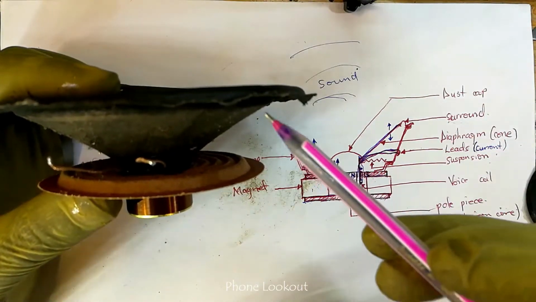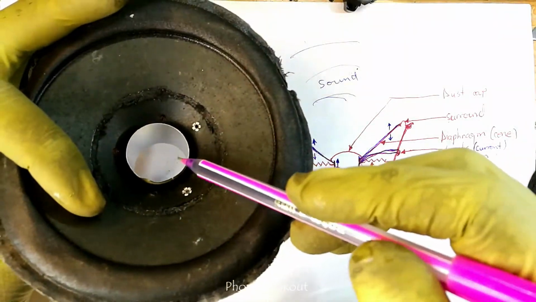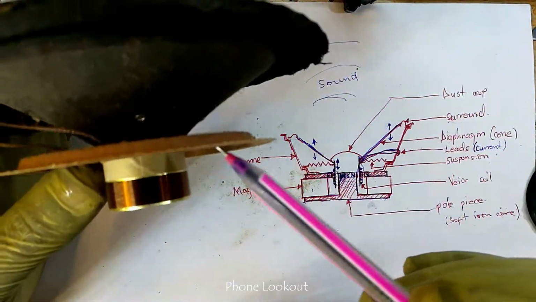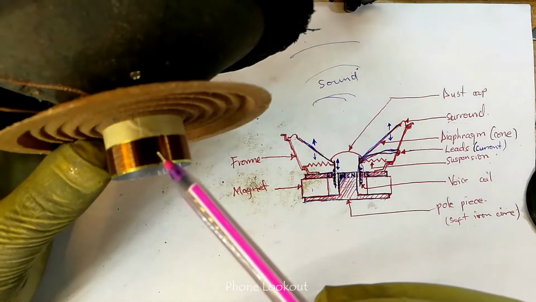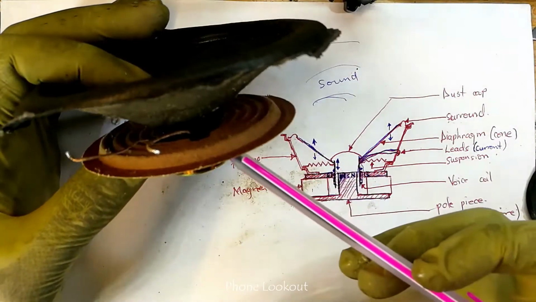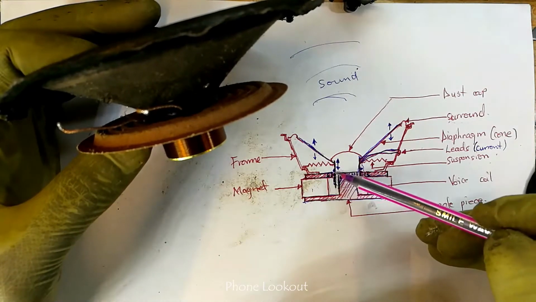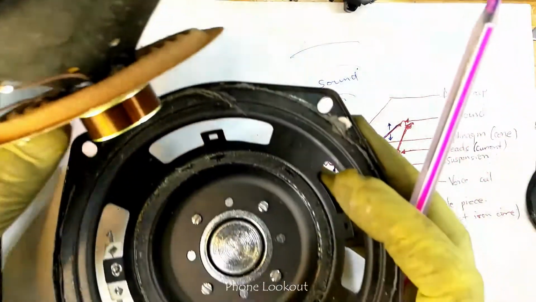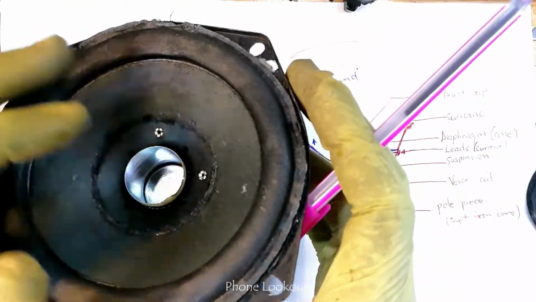So the diaphragm, glued onto that cylinder, comes down here with the coils glued onto that shaft to form one unit. The suspension is to make sure that coil is suspended in that gap without it touching the bottom.